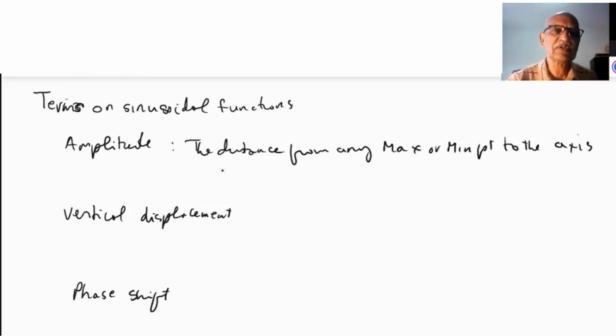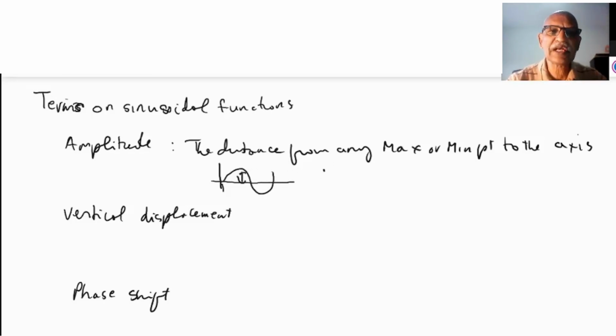Okay, so whenever we say amplitude, if I have this is my axis here, this distance here is called amplitude.